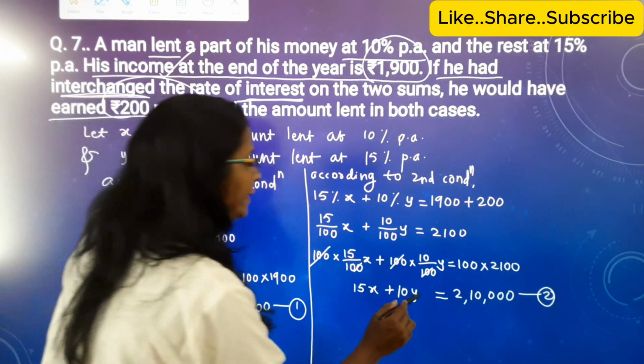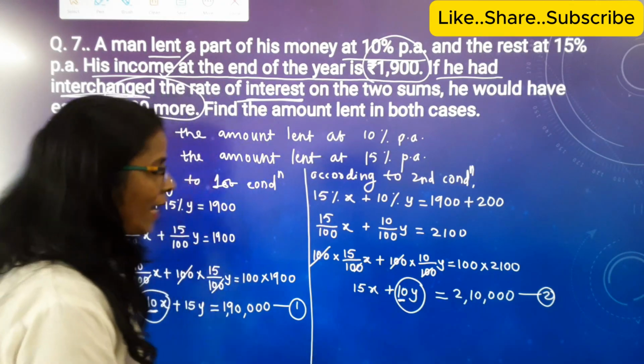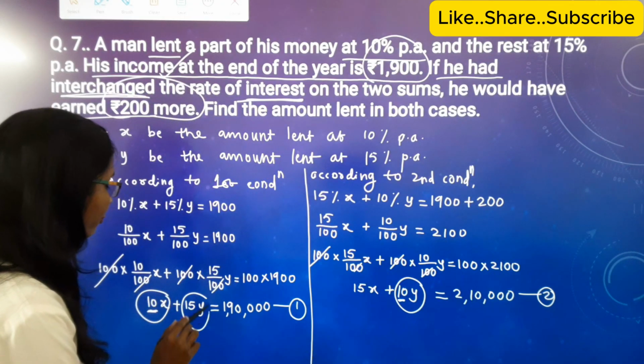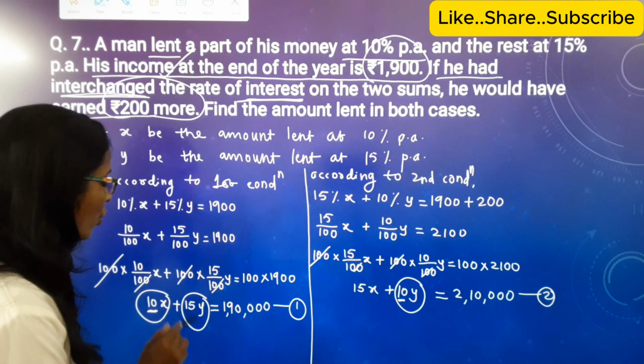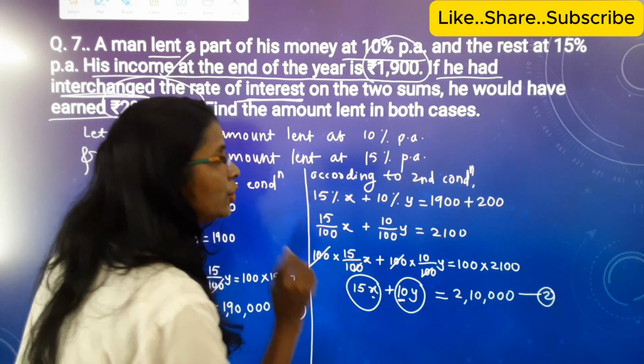Here 15 is the coefficient of y, and here 15 is the coefficient of x.